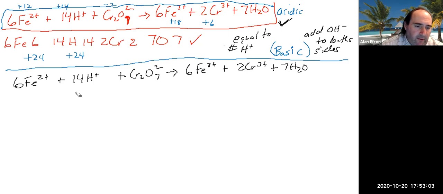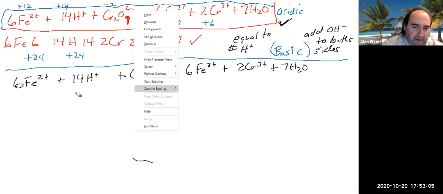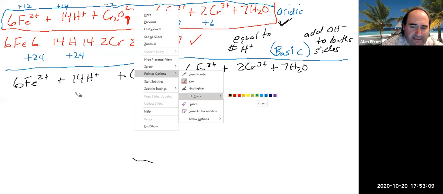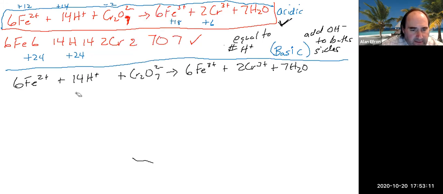So what we're going to do now, if we were going to balance this in basic conditions, is, once we've balanced it in acidic conditions, we're going to see that on the left-hand side, we have 14 H pluses. That means that we will add 14 OH minuses to the left-hand side and also 14 OH minuses to the right-hand side. So in basic conditions, we add that OH minus to both sides.